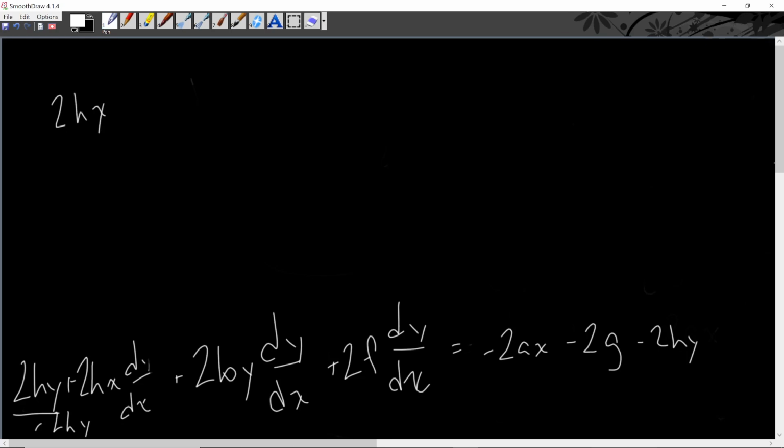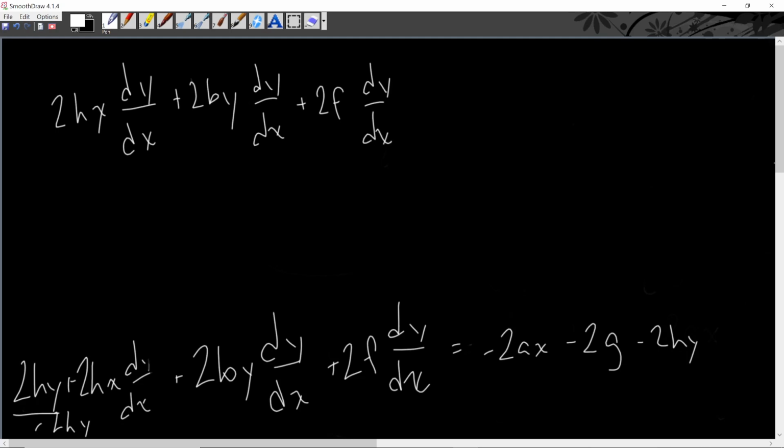The reason why we're doing this is to have all of our terms with dy dx on one side and all of our terms without dy dx on the other side, so that we can eventually factor and divide out. So plus 2by dy dx plus 2f dy dx equals negative 2ax minus 2g minus 2hy.